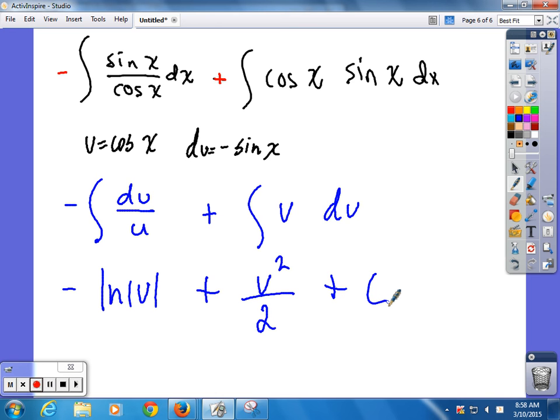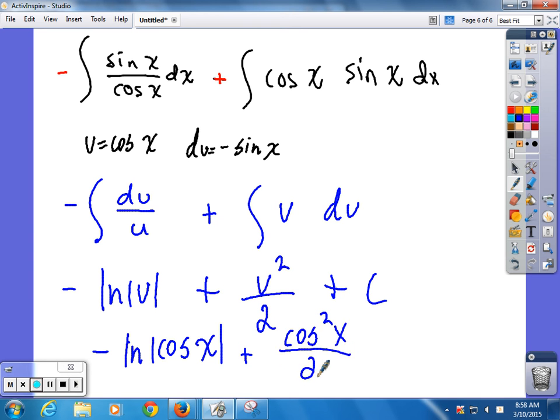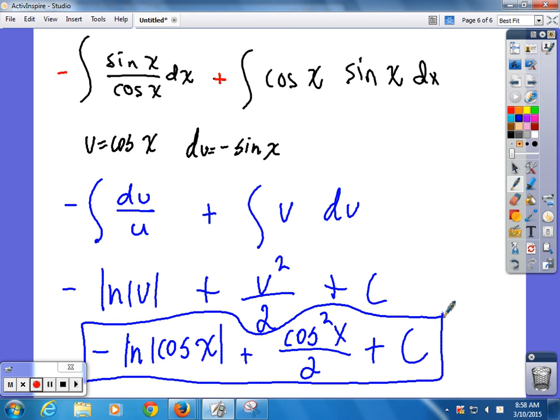And now, u is equal to the cosine, so negative natural log of the cosine of x plus cosine squared of x over 2 plus c. Manipulation, rewriting.